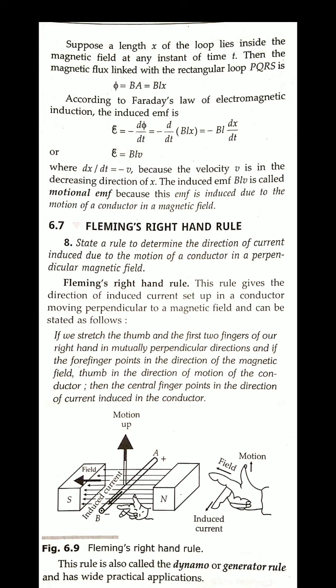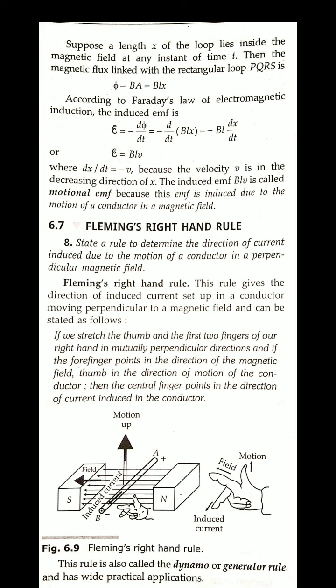So minus B L v. You can write either minus B into L into v, or dx by dt equals minus v, because the velocity is in the decreasing direction of x, that's why we take the negative sign. So negative negative positive, E equals B into L into v.